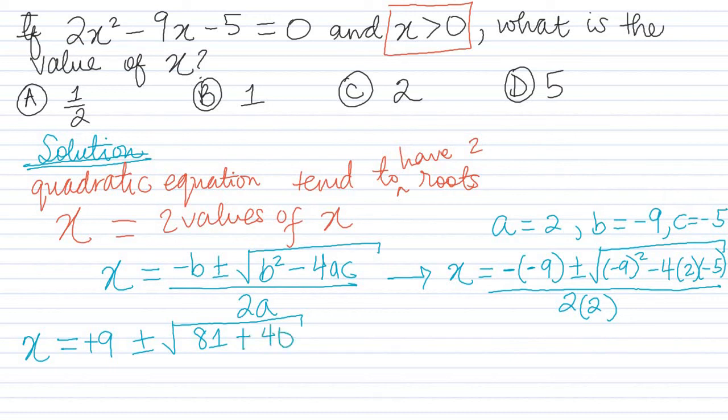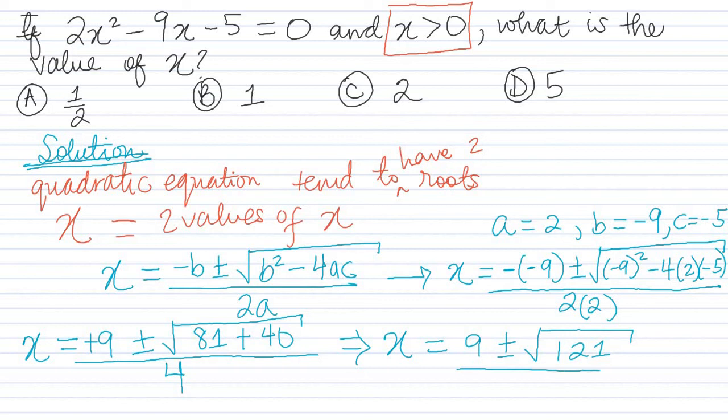So you have that plus 40, divided by 2 times 2, which is 4. So what you end up with is x equals 9 plus or minus the square root of 81 plus 40, which is the same thing as 121, divided by 4.